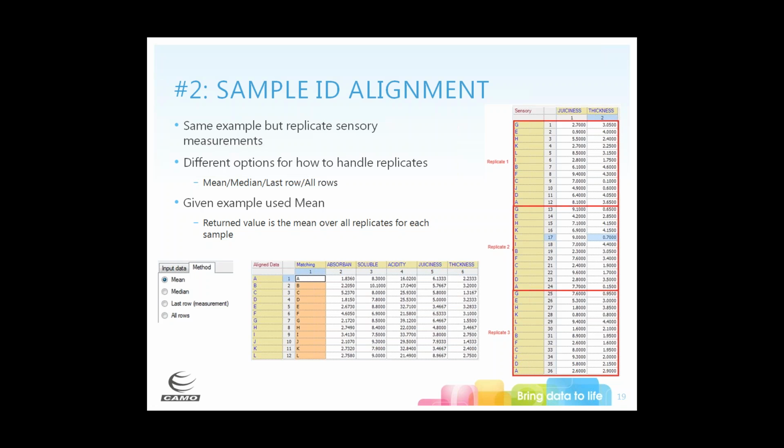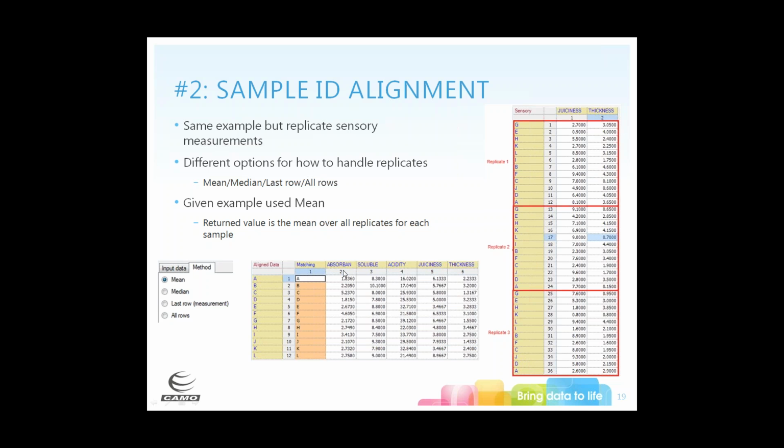And we can do that in two ways. Either we can replicate the instrumental data such that they are given for each of the replicates here, or we can take the mean or median or something across different assessors. And that's what we've done here.